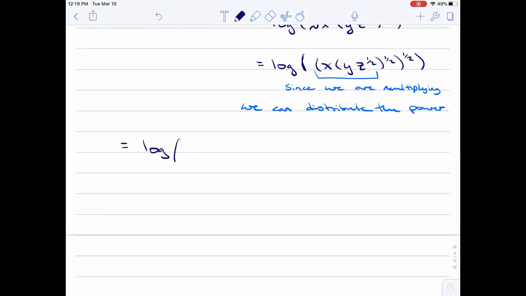So I've got the log of x, and on the inside here, I've got y to the 1/2 times z to the 1/2, times 1/2. Multiplying fractions, 1 times 1 is 1, 2 times 2 is 4, so I've got 1 over 4, and then that is going to be to the power of 1/2.